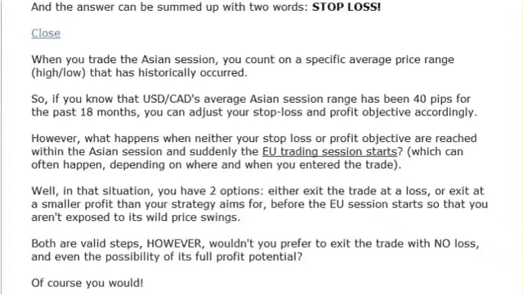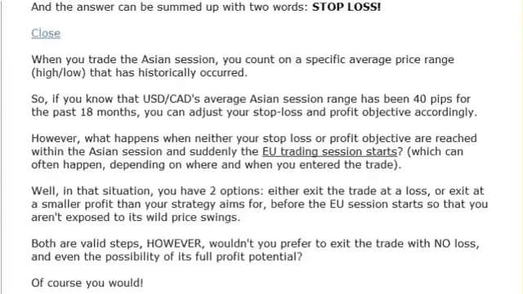So, that's with regard to the Asian session. You know with a high degree of precision what the range is going to be in the Asian session. You can adjust your trading strategy accordingly, your stop loss, your profit objective. In other words, you can control your risk.